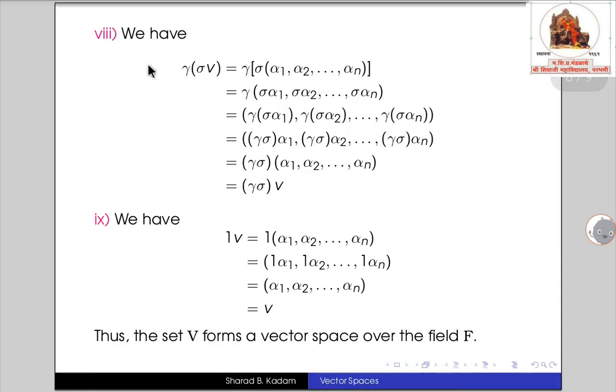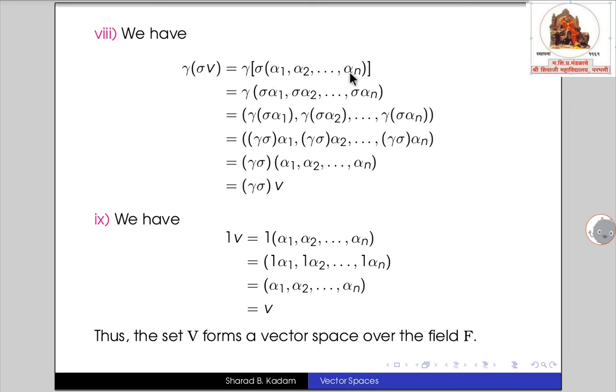Now the eighth property. So we have gamma into (sigma into v) equals gamma into [sigma into (alpha 1, alpha 2, alpha n)]. We multiply each component of v by sigma, so we get the vector gamma into (sigma alpha 1, sigma alpha 2, sigma alpha n).